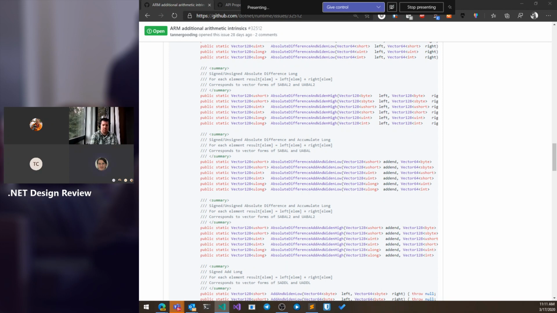Yeah, we called it absolute difference add for the already approved and reviewed API. That's actually not bad. And also on the ones we already reviewed and approved, we have them taking vector 64 rather than vector 128. So maybe that's something we need to fix in retrospect.